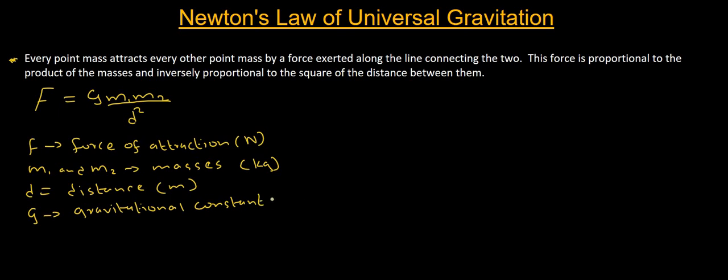And our gravitational constant has a value of 6,7 multiplied by 10 exponent negative 11 Newton multiplied by meter squared multiplied by kg squared. That's our gravitational constant.